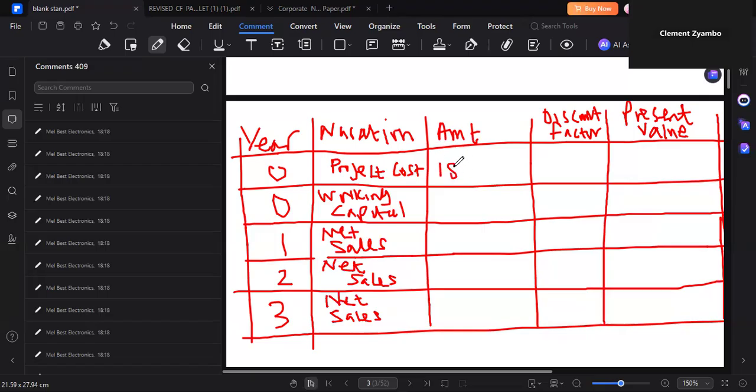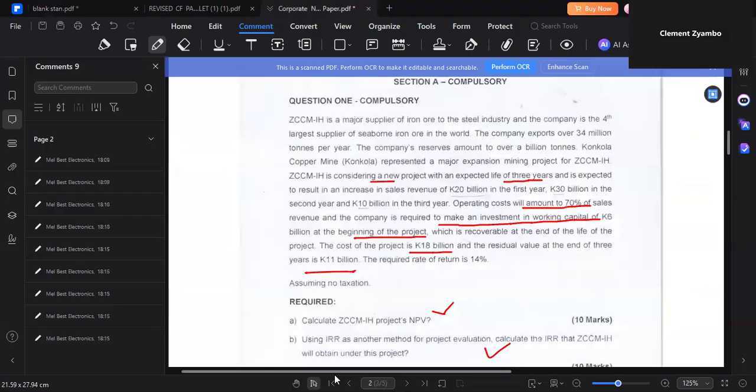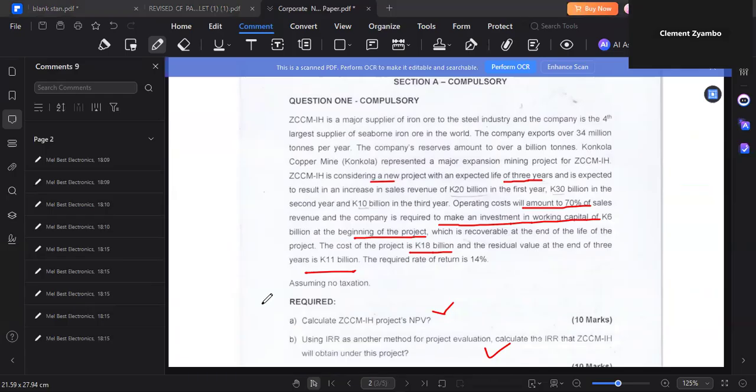Amount is 18 million. All right, so we have 18 million. That was a project cost.